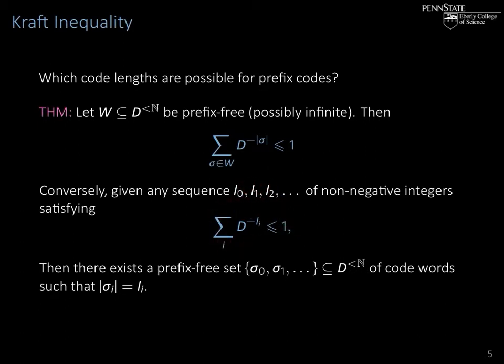If they satisfy this restriction here, then we can find a prefix code, so a prefix-free set of code words, sigma 0, sigma 1, and so on, of strings over D, such that the length of the ith string is just Li. Right? So it's a necessary and sufficient condition for the design of codes.